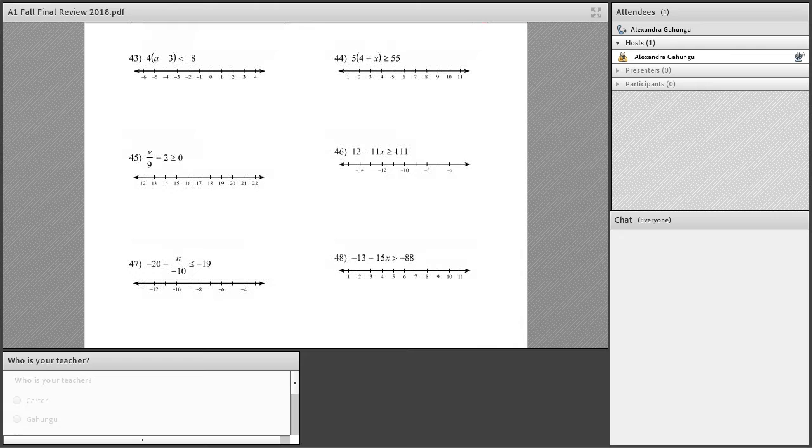Other questions with inequalities, if it gets a bit more complicated, we still follow the same thing. We want to distribute and we'll get 20 plus 5x is greater than or equal to 55. We want to subtract 20 from both sides.